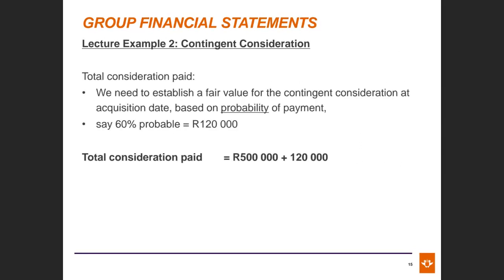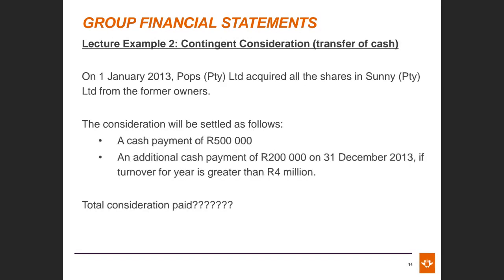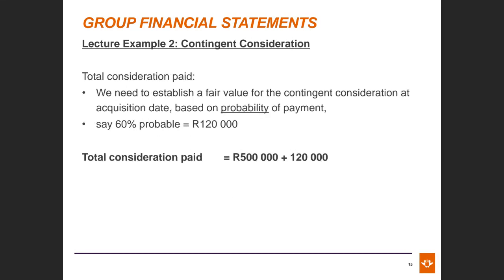On the next slide, they told us we need to establish a fair value at acquisition date based on the probability of the payment, and that it is 60% probable that we will earn 4 million Rand in turnover.